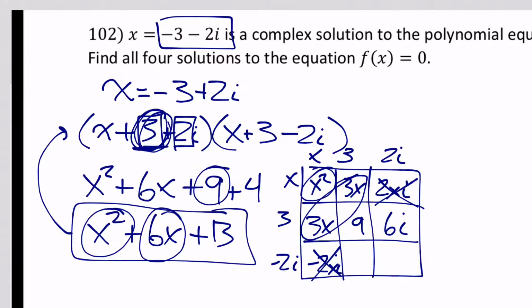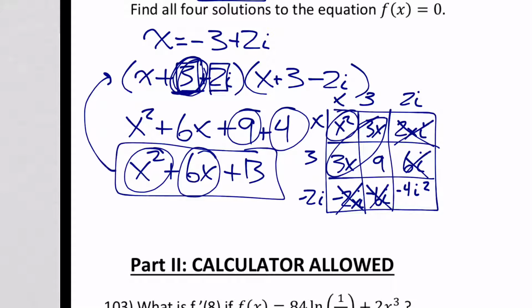Negative 2i times 3 is negative 6i, so that cancels with that, and then I get negative 2i times 2i is negative 4i squared, which is the same as positive 4, because i squared is negative 1. So x squared plus 6x plus 13.